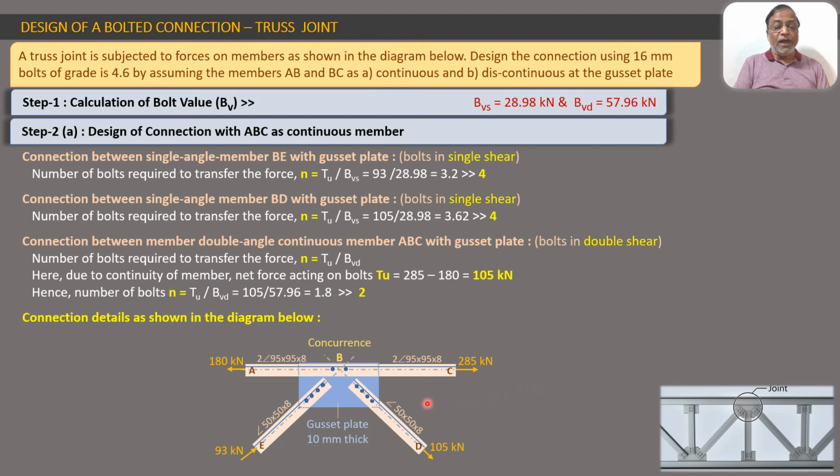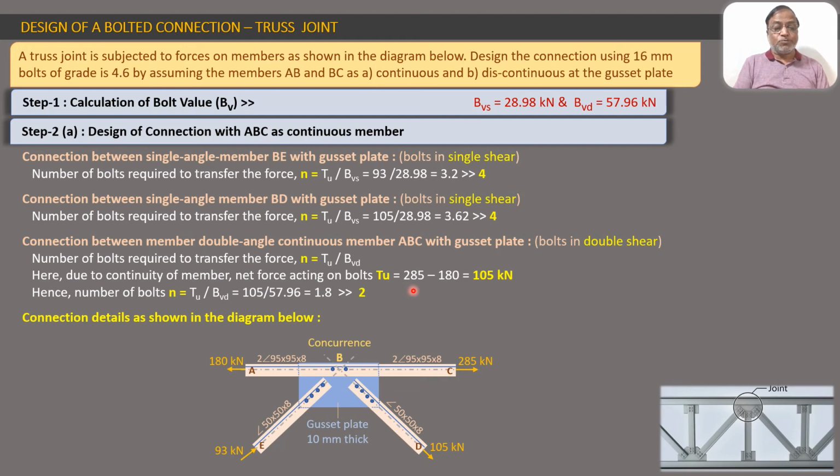Now what will happen to the bolts which will connect this continuous member to the gusset plate? We will understand that the resultant of these two forces, 285 towards right and 180 towards left. So the final force, net force for this joint at the point B will be like this. So net force acting on the bolts TU in this case will be the resultant of this.